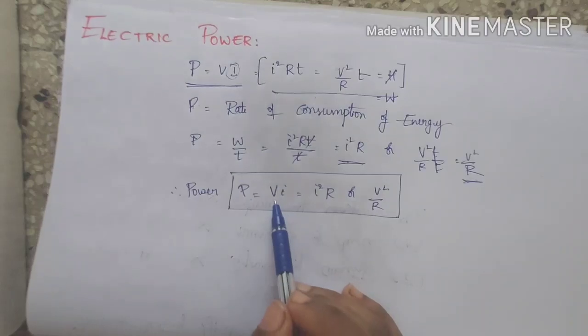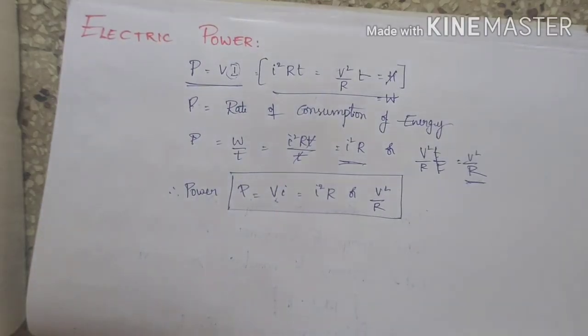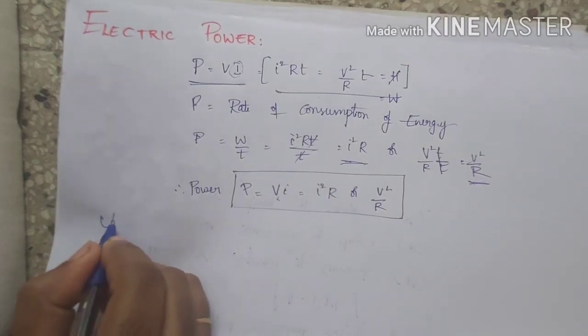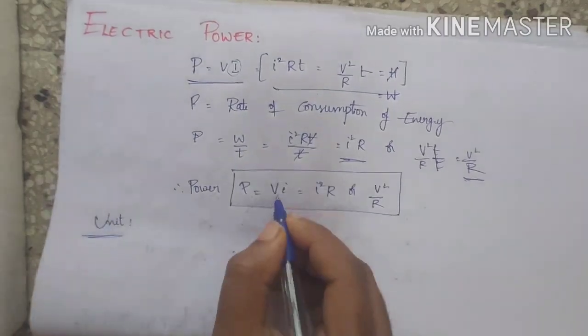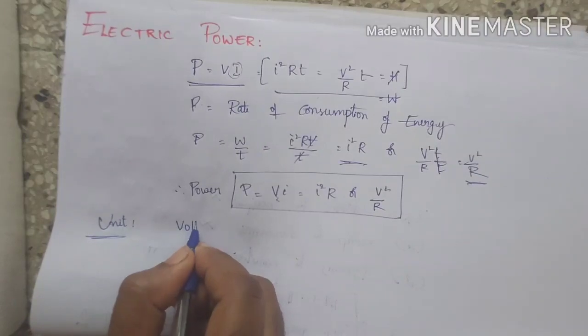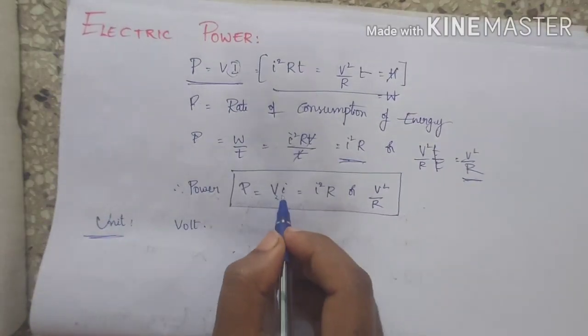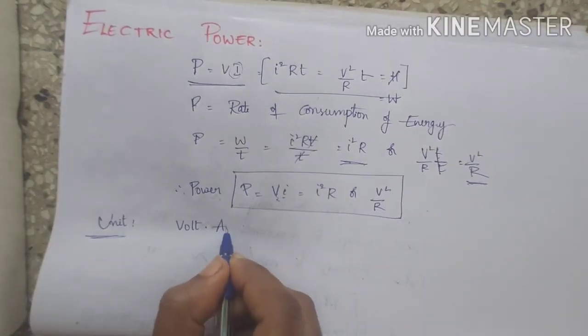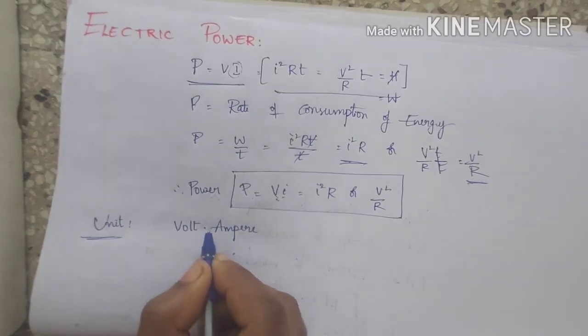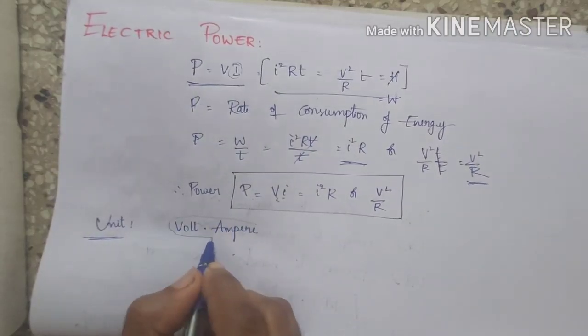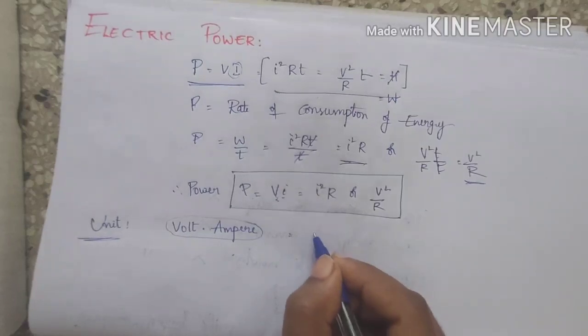Power is generally taken as the product of potential difference and electric current. Now let's see what will be the unit for this. Unit of power is volt into ampere, and this unit is watt.